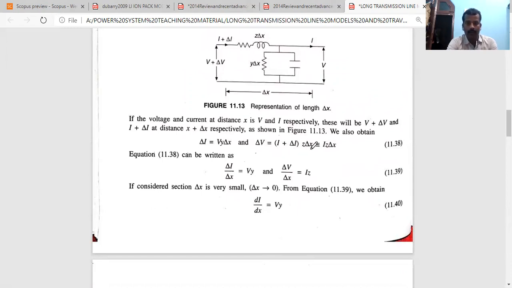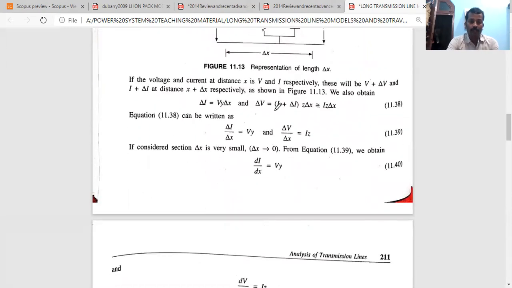The multiplication of delta I and delta x will again be very small, due to which it is neglected here, and delta V will be equal to I Z delta x. You have to be careful. Remember this: the multiplication of delta I with delta x will be very small, hence it will be neglected. Now, the ratio of this equation 11.38 can be written as delta I divided by delta x.